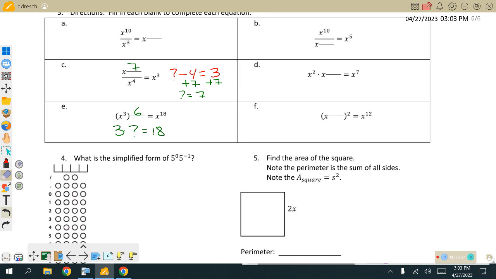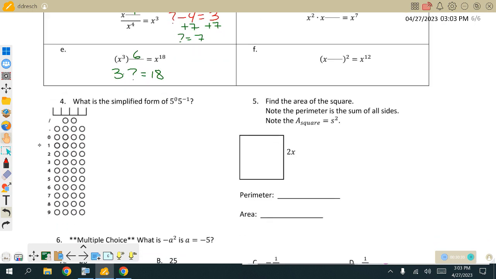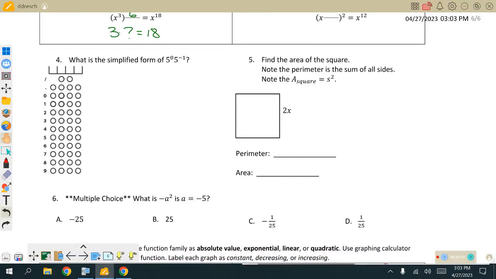Okay. All right. Let's look down below at number 4. On number 4, 5 to the 0. Anything to the 0 power becomes 1. And then I got a negative exponent. That becomes 1 over 5. Now that 1's just going to go away. We know that.